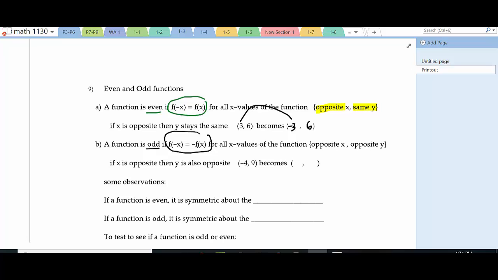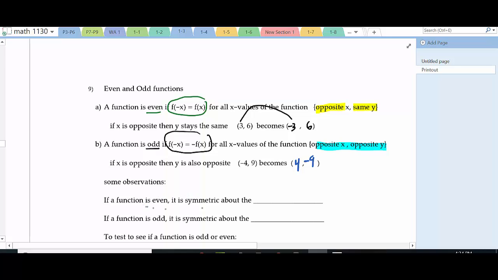You would change the 9 to what? -9. So in words, the best way to look at an odd function is opposite x gives an opposite y. So this would end up becoming 4 and -9. Okay, like that.